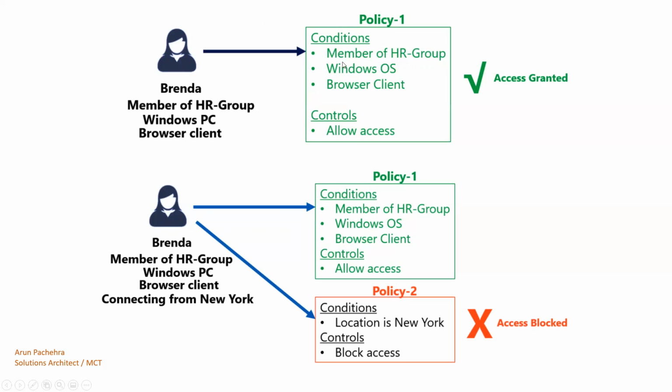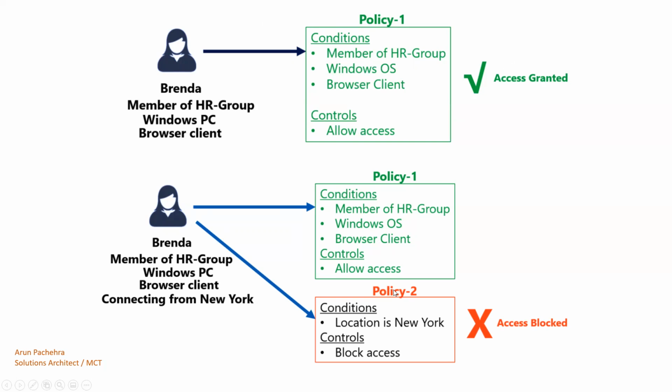So here the condition is member of HR, using Windows OS or browser client, and the control is allow. If these three conditions are met, then we allow the access, because this person is in the HR group, on a Windows PC, using a browser client. That's what she's using.